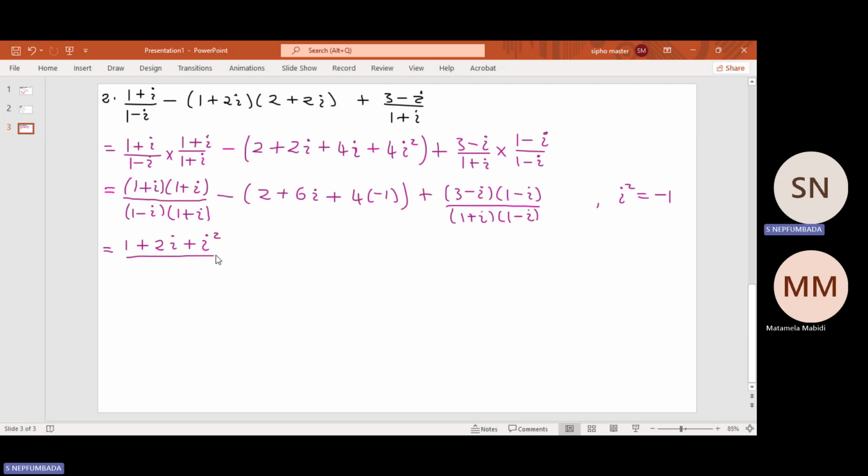Then divided by the difference between two squares, the first one with the first one and the second one with the second one. And now we know that the middle part is going to cancel. Then minus into, we're going to have what? All the steps, plus 6i. This is minus 4, is that so?